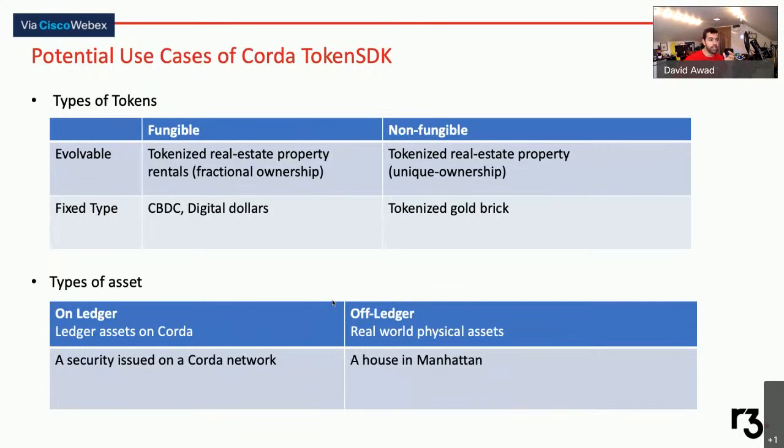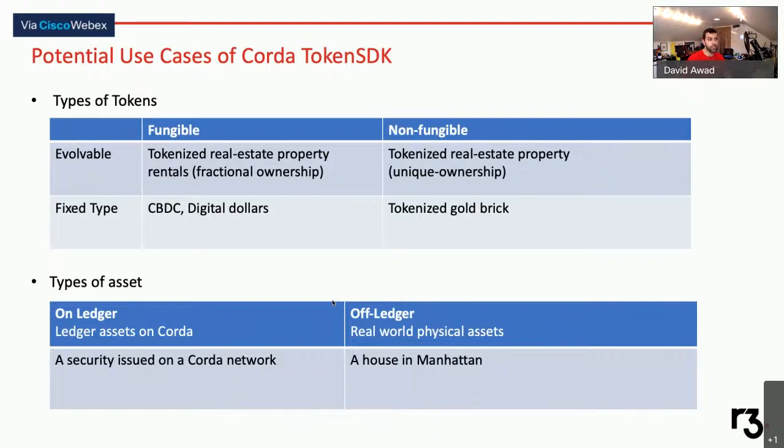For an example of an evolvable fungible asset, you can have something like tokenized real estate property rentals like we were describing before. Maybe I have multiple people that all share ownership of a home. So there is a fungible tokenized real estate evolvable token that they might all want to be able to share and exchange or buy off of each other, etc., that are all linked to a singular asset.